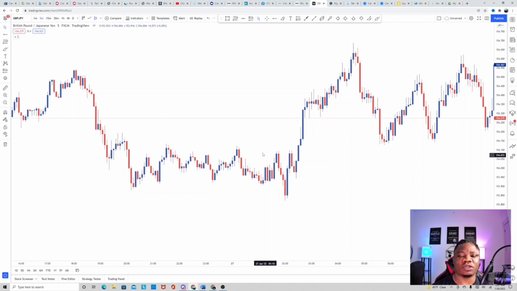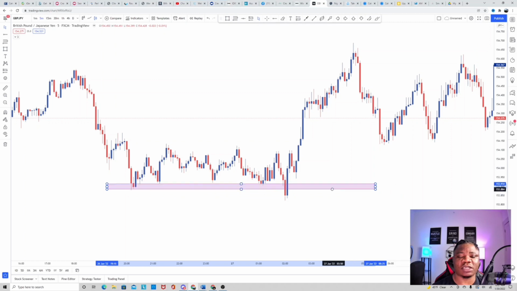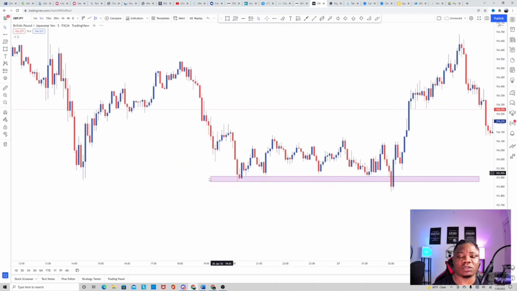Now, if we look here to the left-hand side, before we take a buy position, we need to figure out our highs and our lows. We're looking at the most recent lows and the most recent highs. That's what we're looking for.